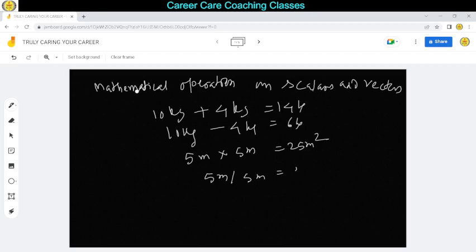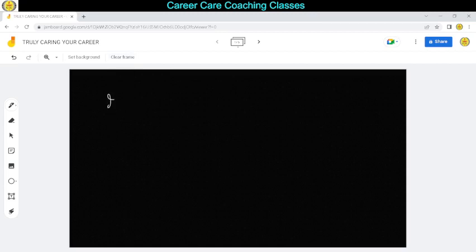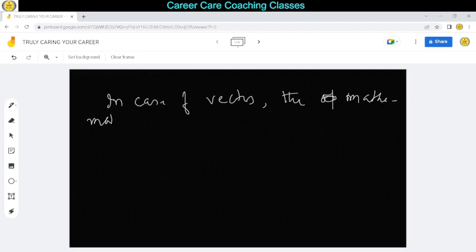In case of vectors, the mathematical operations are done geometrically.